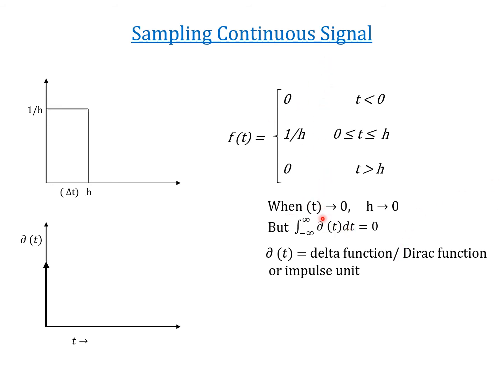As you see, when h tends to 0, you get the impulse function. From pulse to impulse, this is how it is formulated, as we have seen before. So this is the main impulse function that will represent the discrete time system.